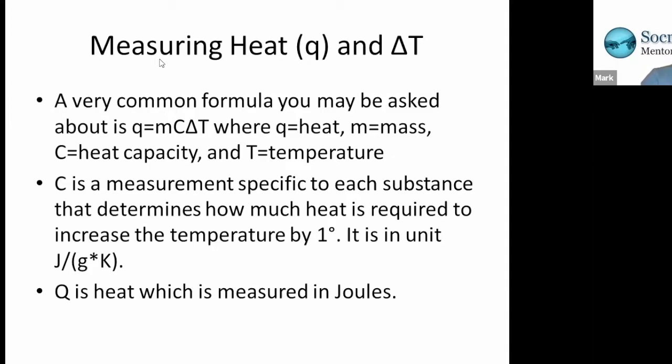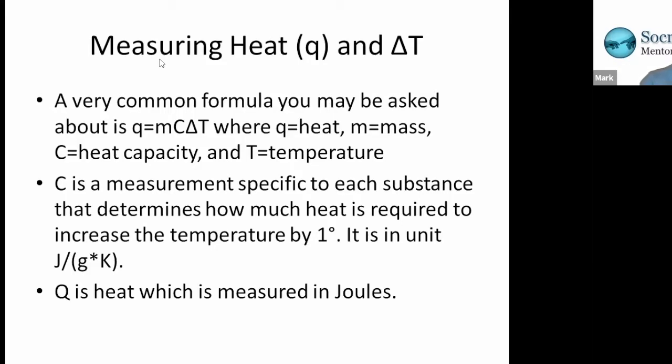A substance that has a high heat capacity would be something like water, right? Water doesn't change its temperature very easily, right? You need to apply a lot of heat energy to water in order to get it to change temperature, right? And you can look at this compared to something like a metal, like iron. You can heat up iron very, very easily, and that's why it has a very low heat capacity.